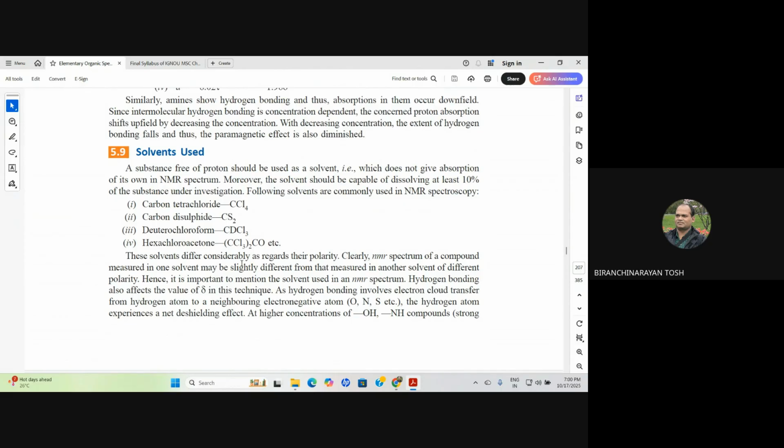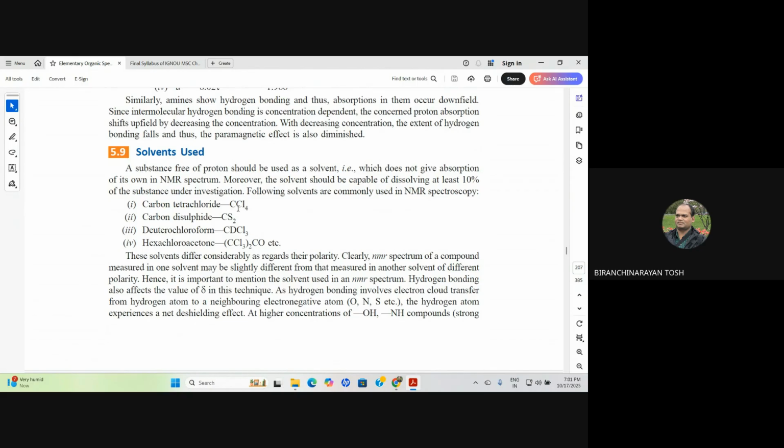external magnetic field. So deuterated samples can be used, or solvents which don't contain any hydrogen, like carbon tetrachloride and carbon disulfide. Here it is deuterochloroform, CDCl3, and hexachloroacetone. No proton is there. Here deuterium is there: deuterated solvent or deuterated chloroform, carbon disulfide and carbon tetrachloride.